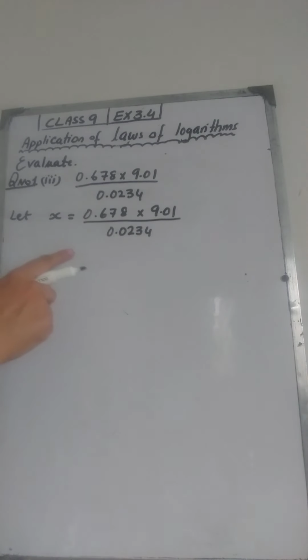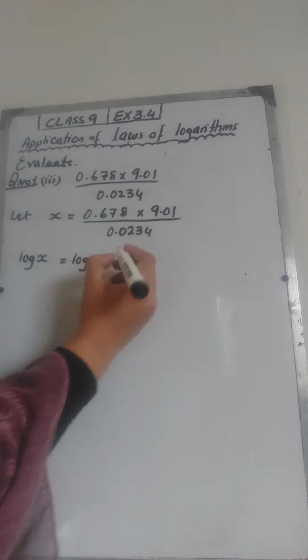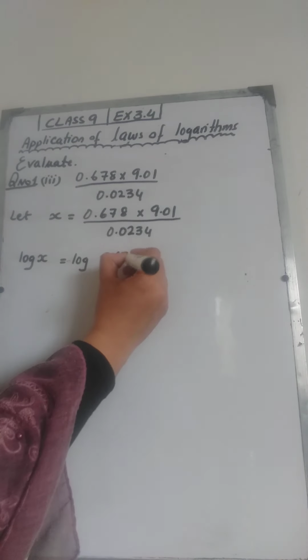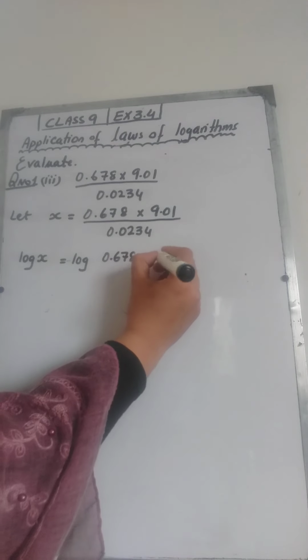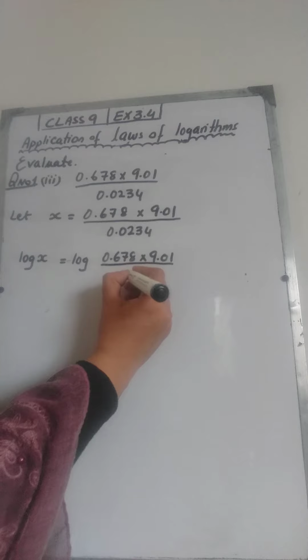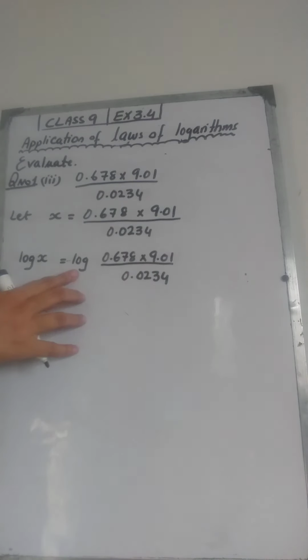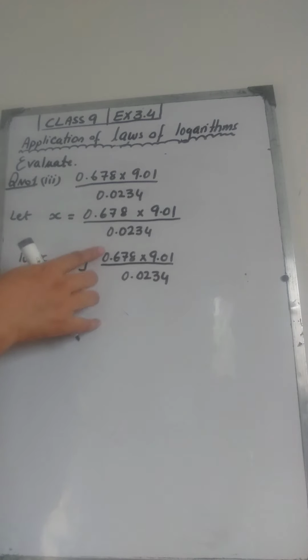The next step is that we are going to take the log of both the sides. Taking log of both the sides, log of x will be equal to log of 0.678 into 9.01 over 0.0234. Now log is applied to the quotient of these two numbers.